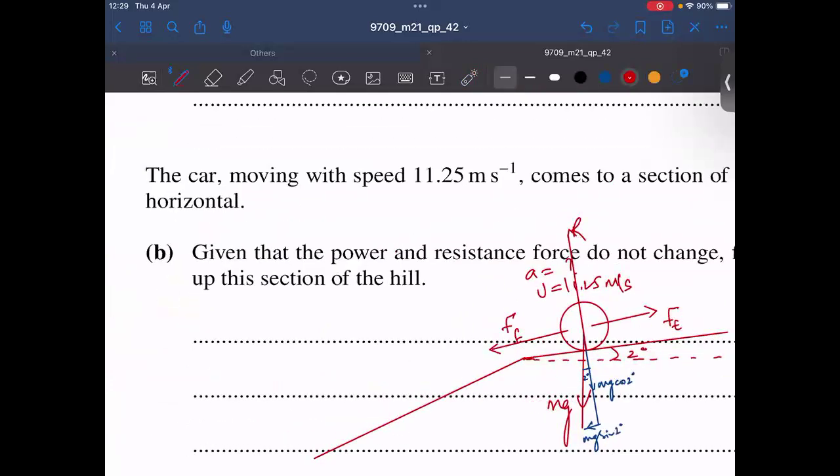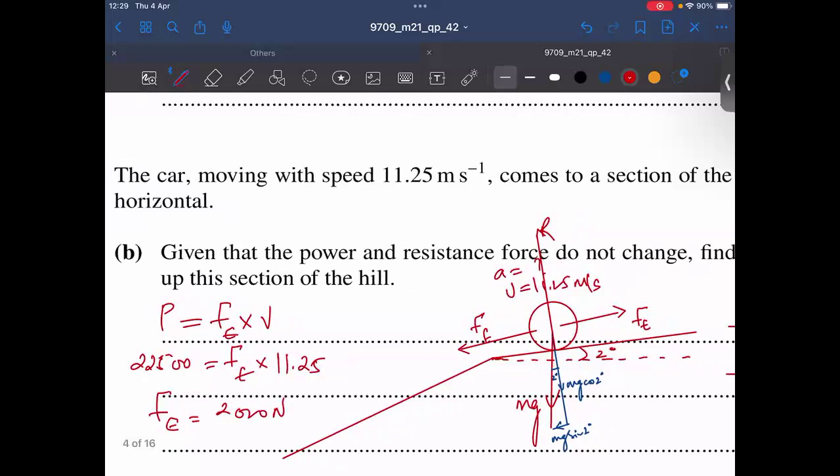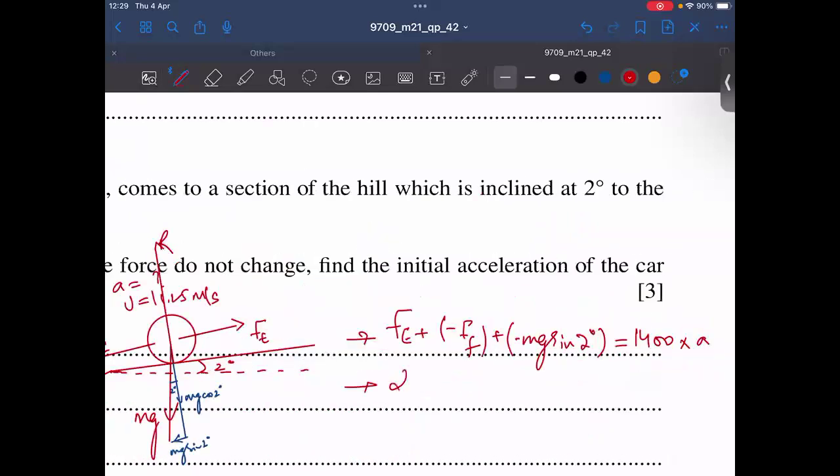Why? Because the power is not changing, it's 22,500, and this is the force of the engine times the velocity, which initially is 11.25. So what is going to be the force of the engine? That's going to be 2000 Newton.